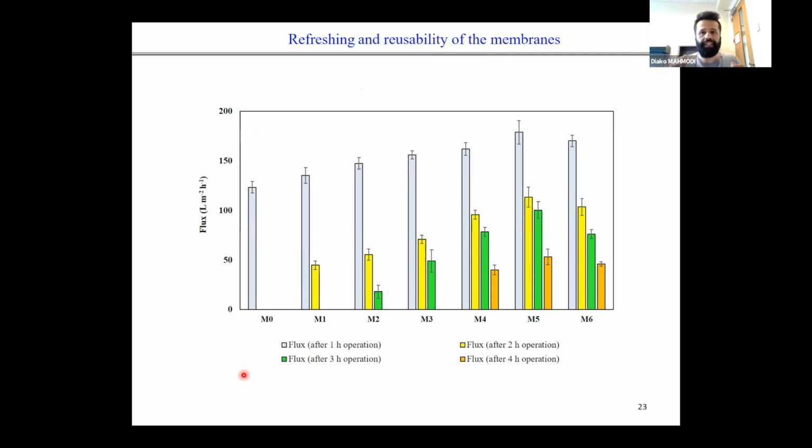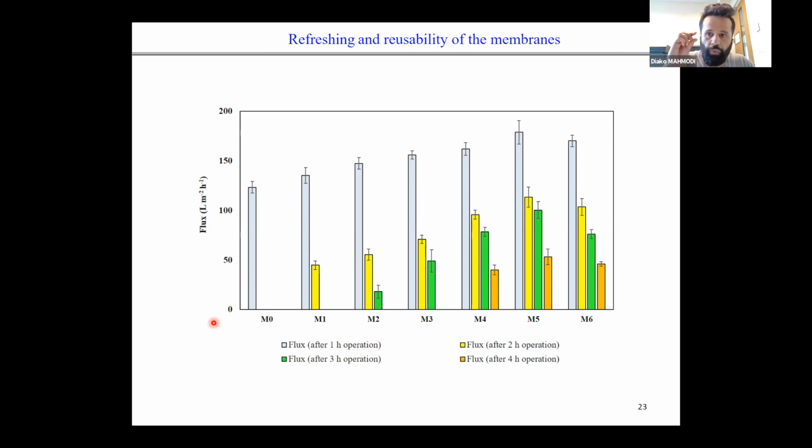We always need something regenerable in industry. In this case, we tried to test the regenerability of the membranes. First, for M0, after treating produced water, we tried to remove the fouling and then calculate the flux.